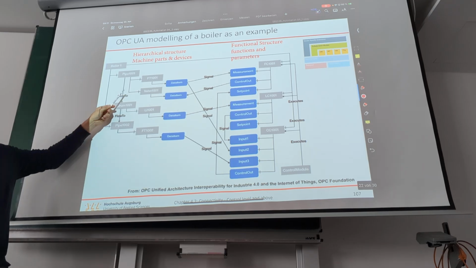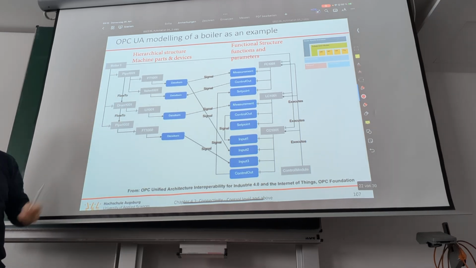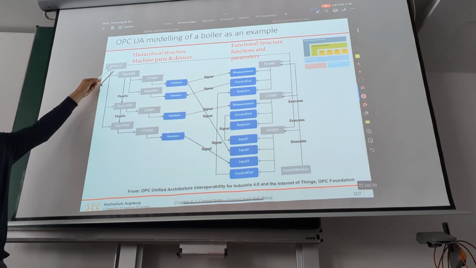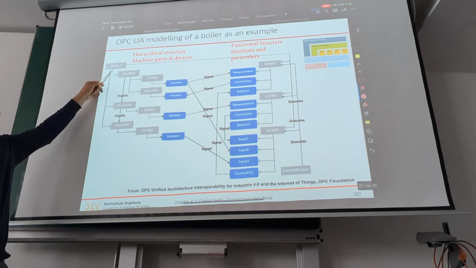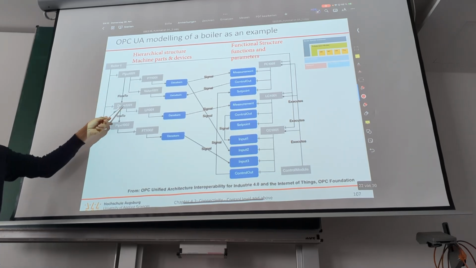So that's the hierarchical structure of your machine with all the elements. A boiler has a pipe, has a drum.